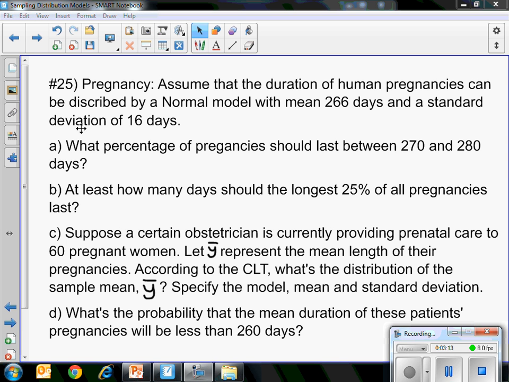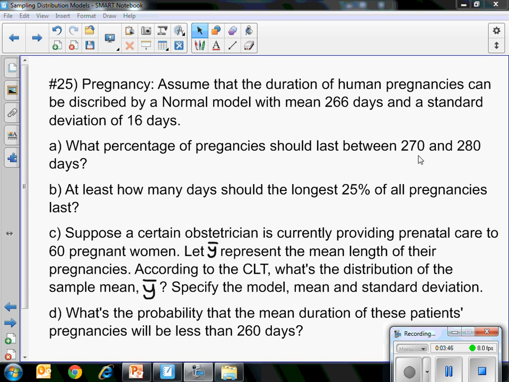It says, assume that the duration of human pregnancies can be described by a normal model with mean of 266 days and a standard deviation of 16 days. What percentage of pregnancies should last between 270 and 280 days? So think about a normal model. 266 is the mean.